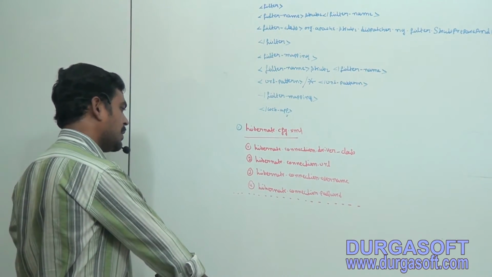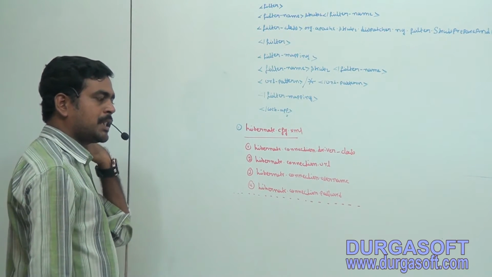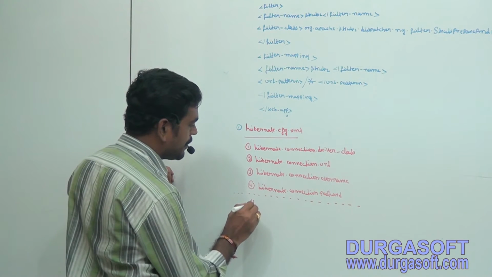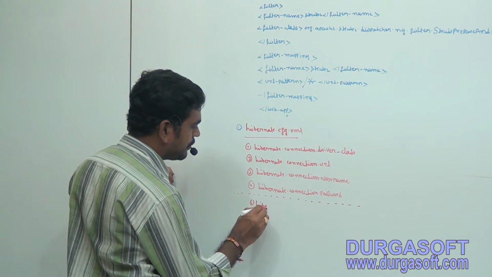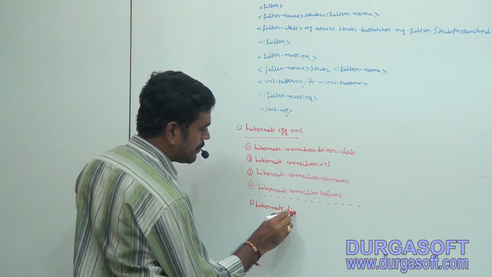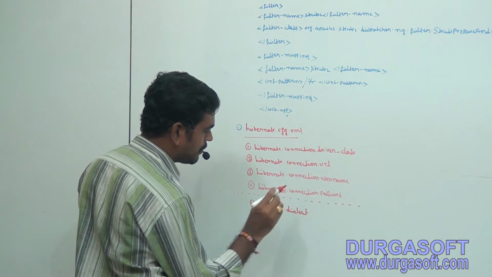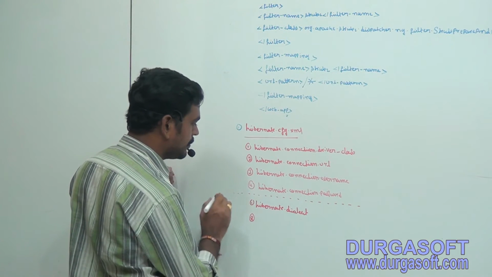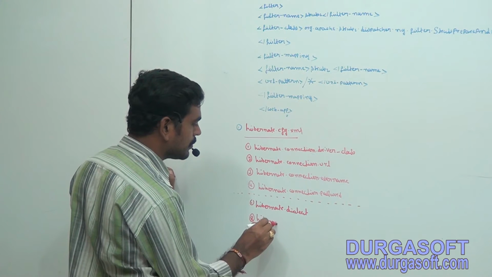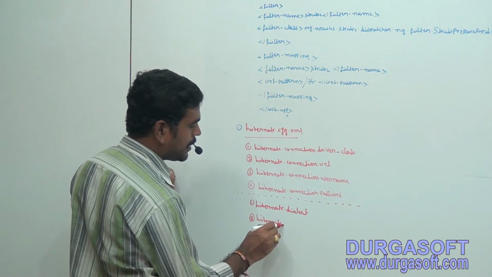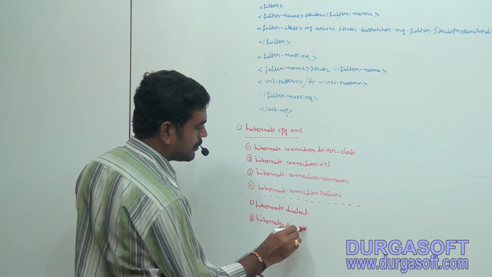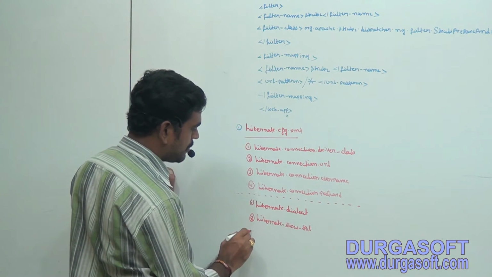Then next, Hibernate properties we need to pass here. What are the Hibernate properties? Number one, hibernate.dialect. Number two, hibernate.show_sql.